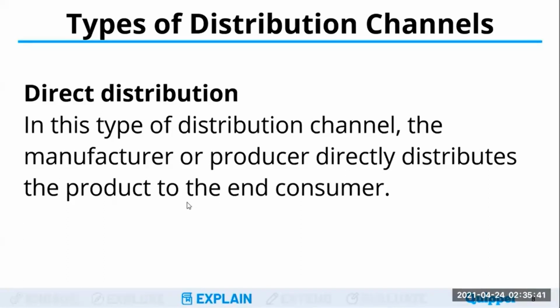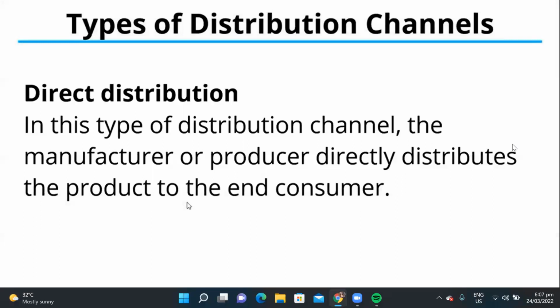So we have the following basic types of distribution channel. The direct distribution. It is a transfer or movement of goods and services from manufacturer to final user, the customer or the consumer, without the intervention of an independent middleman.